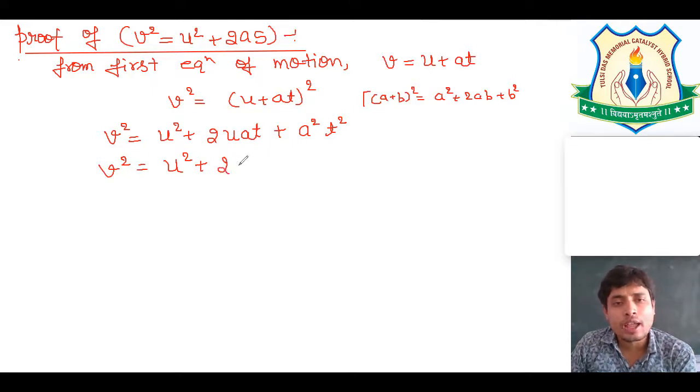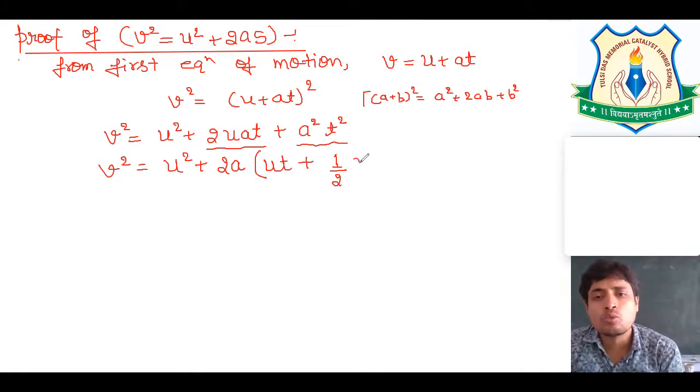I have taken the common 2a. Then from this term 2a will be outside, inside will be left ut, and this term doesn't have the 2, so the 2 will be divided from this term, and there is a square, a will be outside, so the 1a will be left inside the bracket.